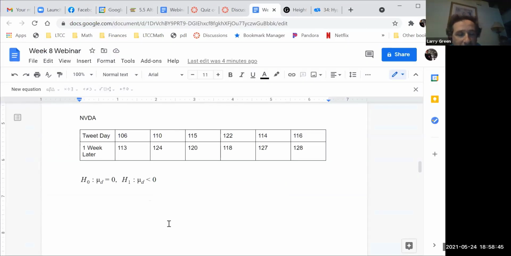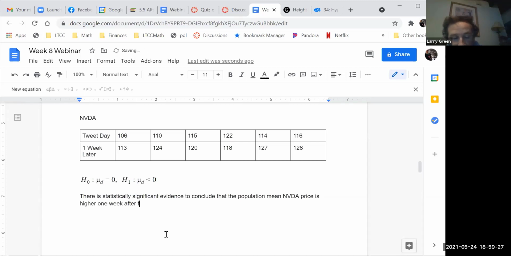Okay, so I want to recap what we've done. Let me write down: there is statistically significant evidence to conclude that the population mean NVIDIA price is higher 1 week after the tweets.